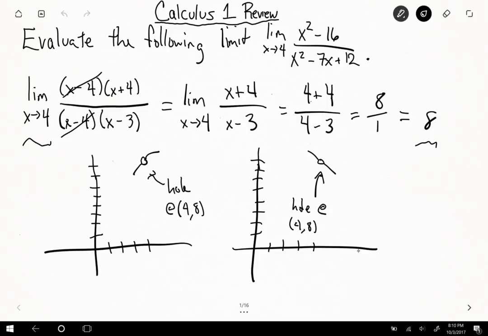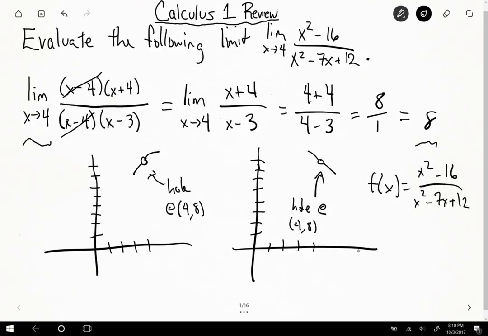Well, what we know is that f of x equals x squared minus 16 over x squared minus 7x plus 12 is undefined at x equals 4. And the reason why, when we plugged in 4 into our denominator, we came up with a 0 down below. And you can't divide by 0. So, since it's undefined, we have some form of a discontinuity there.